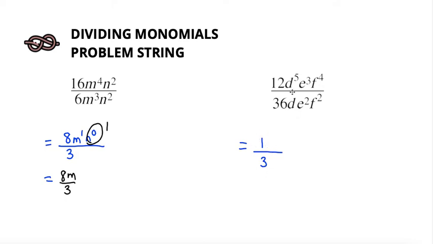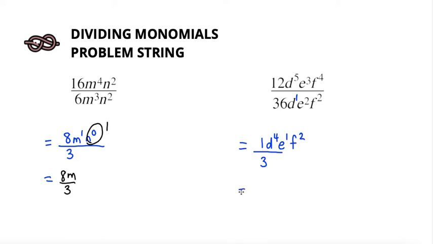Then I'm going to take a look at my variables. So starting with my D. Here's my imaginary exponent of 1. 5 take away 1 is 4. And then I move on to my E. 3 take away 2 is 1. Then I move on to my F. 4 take away 2 is 2.